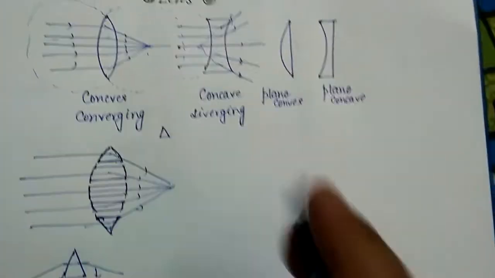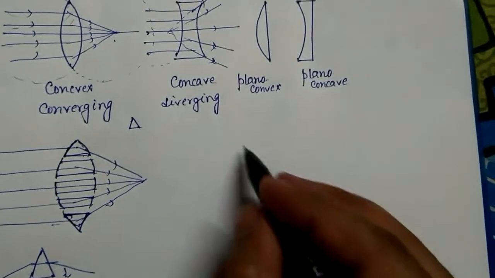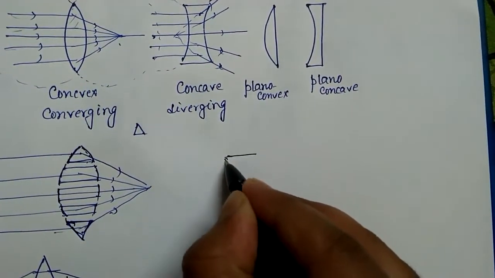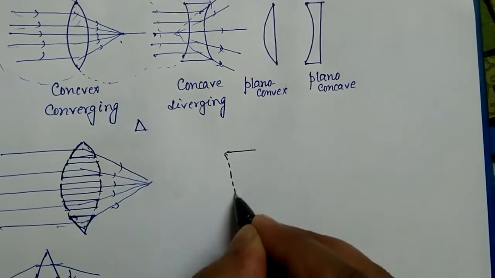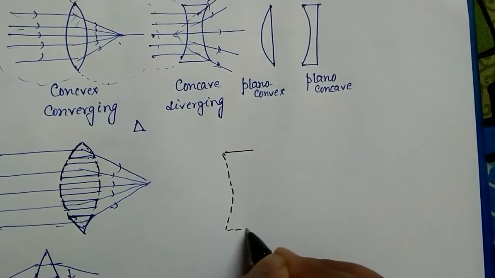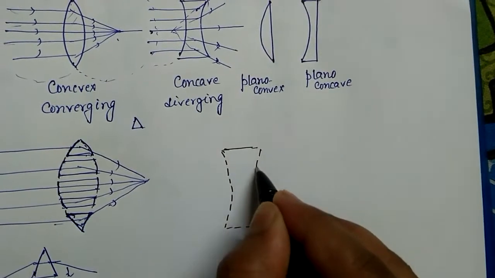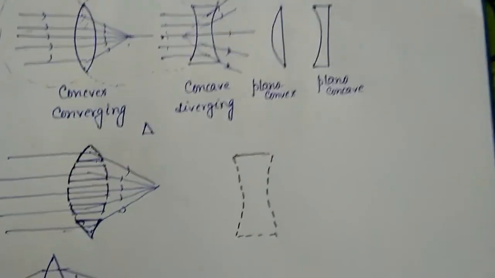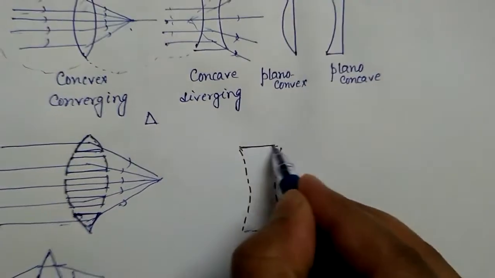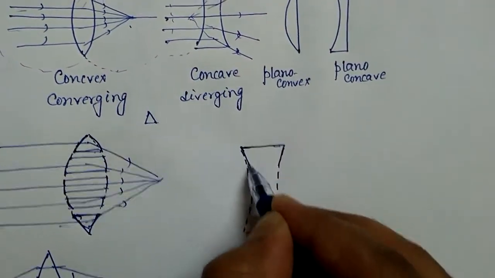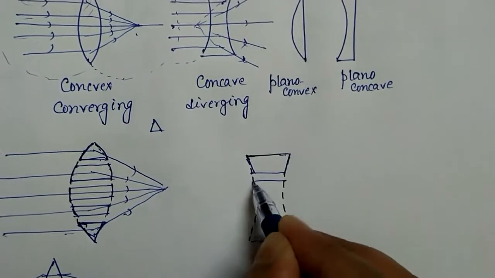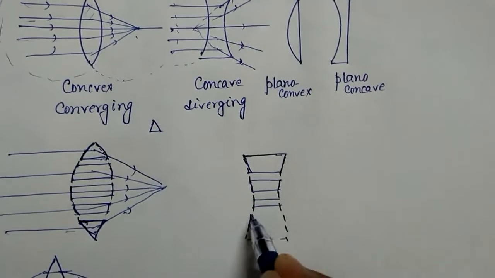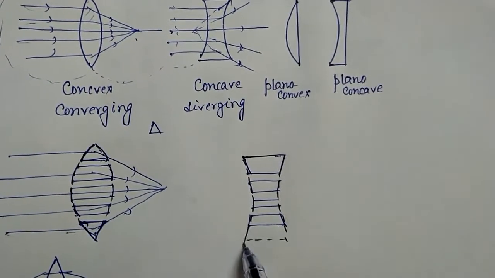But in case of this type of lens, again I am drawing an outline of that lens. This is the outline of this lens, and I am reconstructing it using some prisms. This is a prism, this is a prism, this is a glass block, this is another prism, and this is another prism.